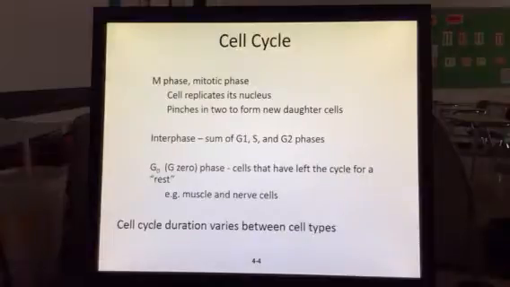They're always called daughter cells. The cell cycle duration varies between cell types. So when I was saying that it's not necessarily a 24-hour cycle, not only that, but it also varies between cell types. If we're talking about a muscle cell versus a skin cell, their cell cycle is going to vary.